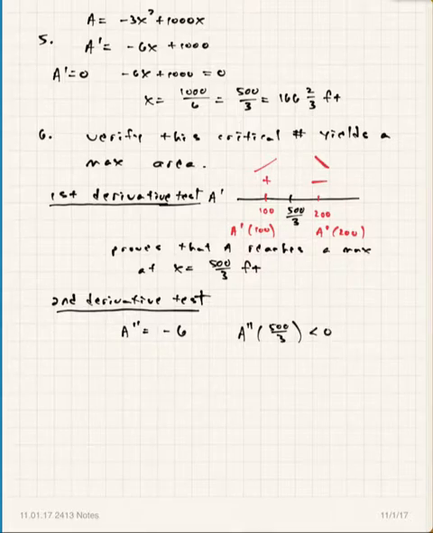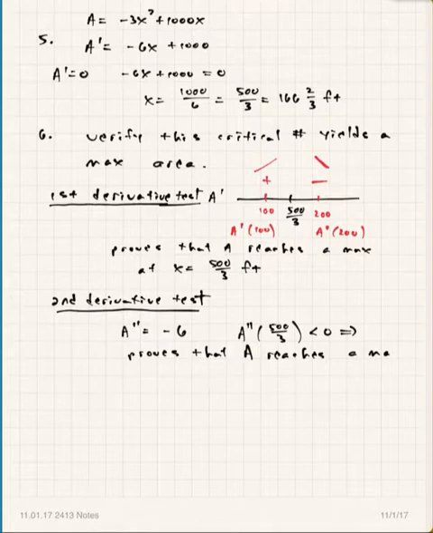So since the second derivative was negative, remember that means that the function's concave down at the critical number, and this proves that A reaches a max at x equals 500 thirds.